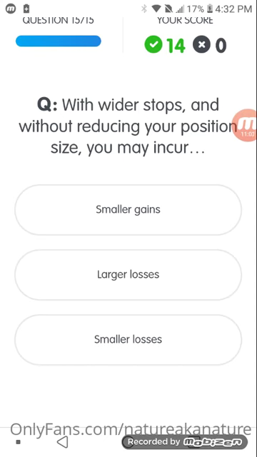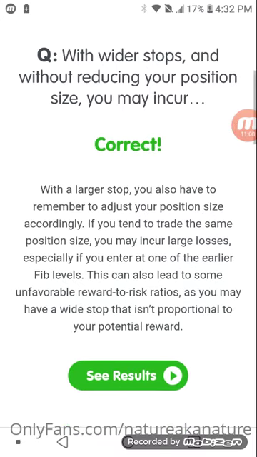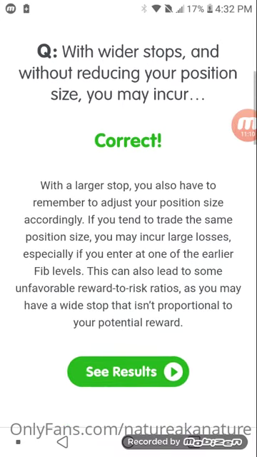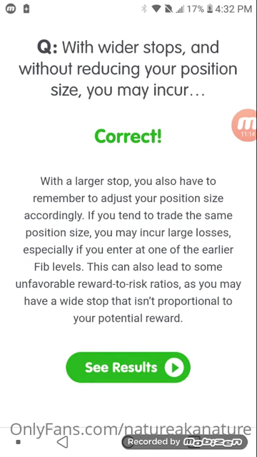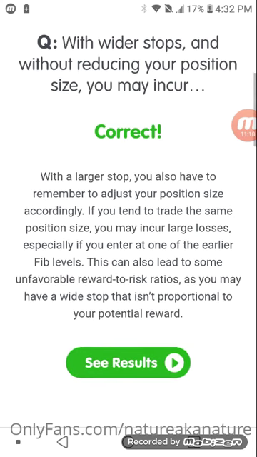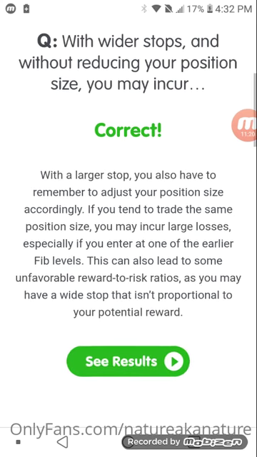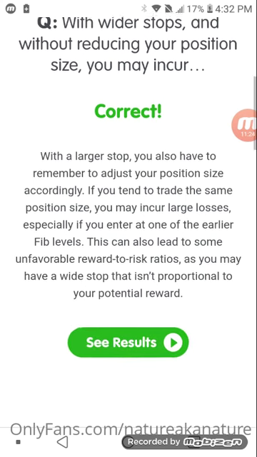So with a larger stop, you also have to remember to adjust your position size accordingly. If you tend to trade the same position size, you may incur large losses, especially if you enter early on one of the Fibonacci levels.